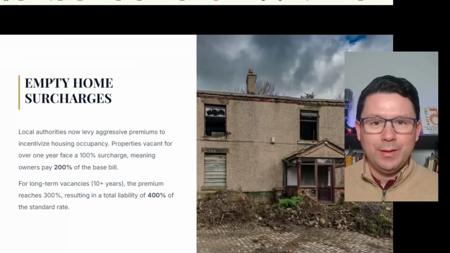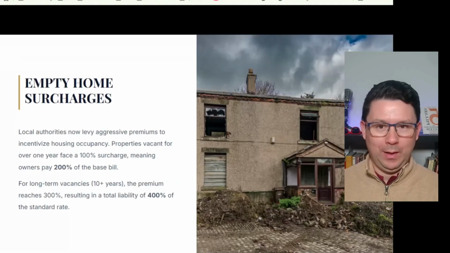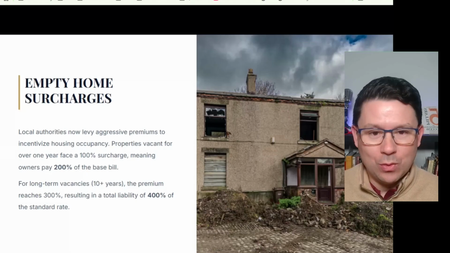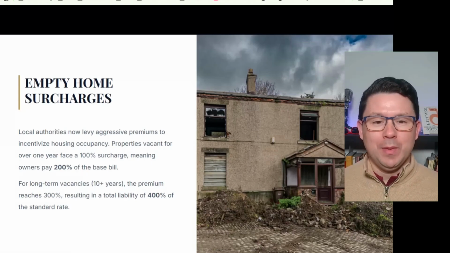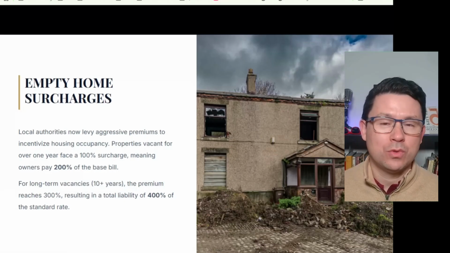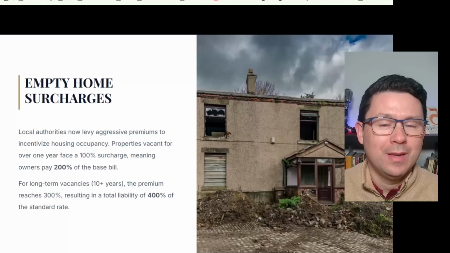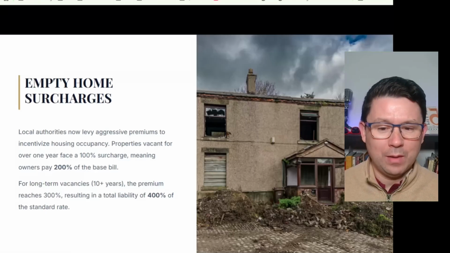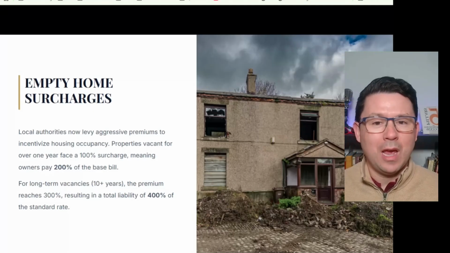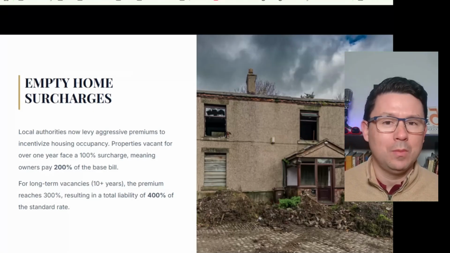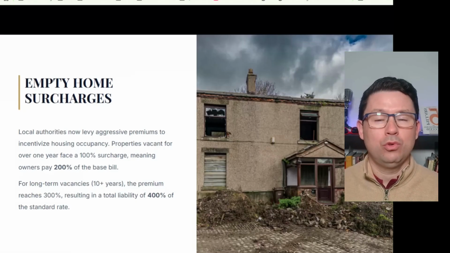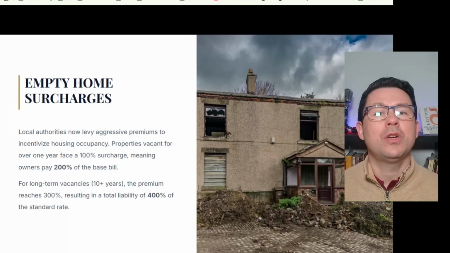Now, here's where it gets a little bit complex. Because of the scarcity of properties in the UK, the government has introduced something called the empty homes surcharge, and you can see these across the whole UK. It basically says that if you're leaving your property empty for a certain time, then they won't charge you your normal council tax, but they will charge you extra.